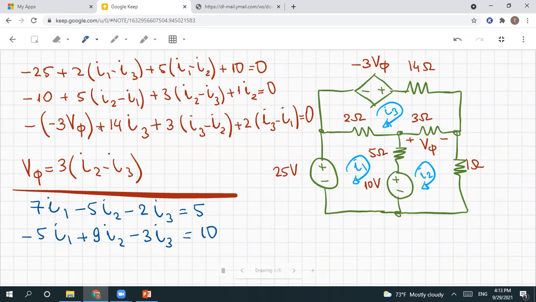And the third equation will be minus 2I1 plus 6I2 plus 10I3 equal to 0. So after I plugged this value in, now I have only 3 unknowns, I1, I2 and I3. Solving these 3 equations, we will have the following answers. I1 will be 4 amperes.